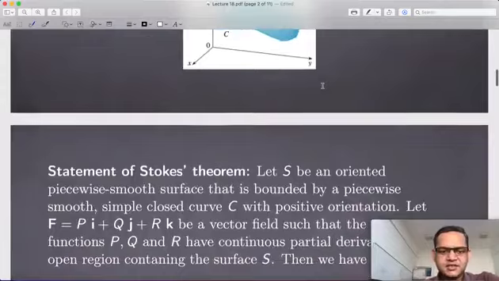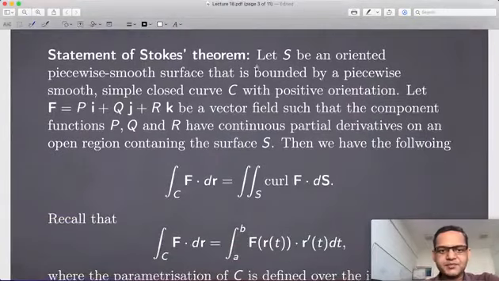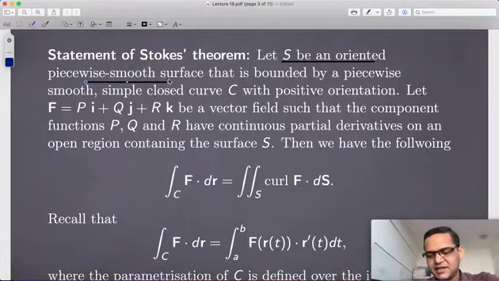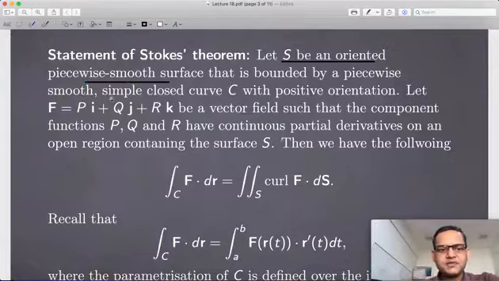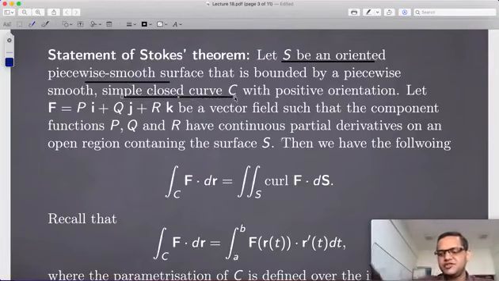Then this theorem basically says that if I have an oriented piecewise smooth surface, as you know, we allow piecewise smooth surfaces, that is bounded by a smooth and simple closed curve C, okay? So basically you have a surface and then you have the boundary curve.